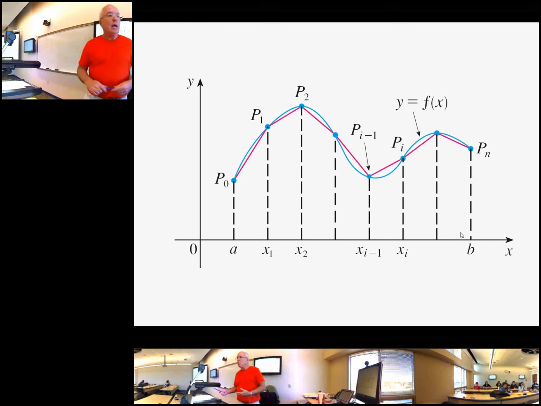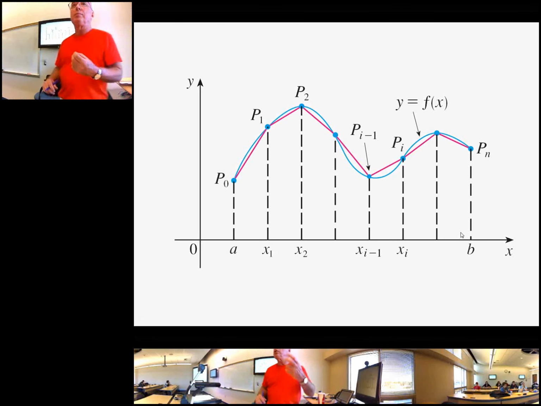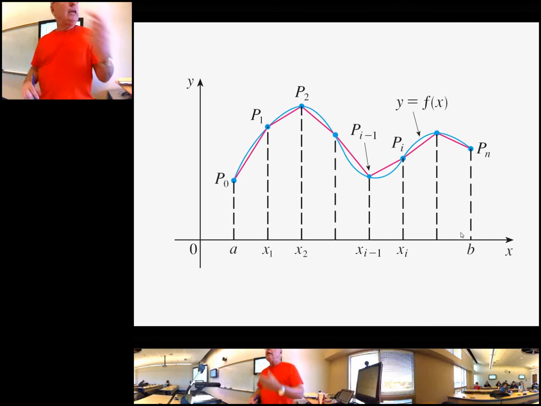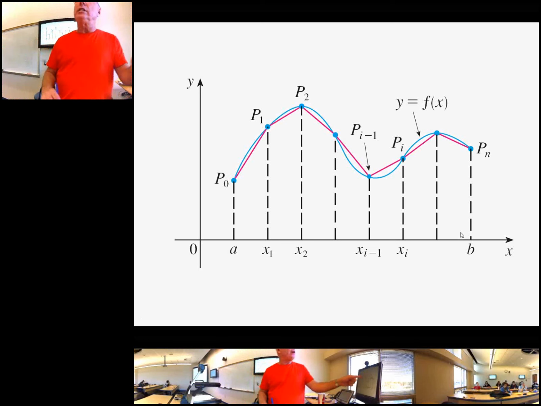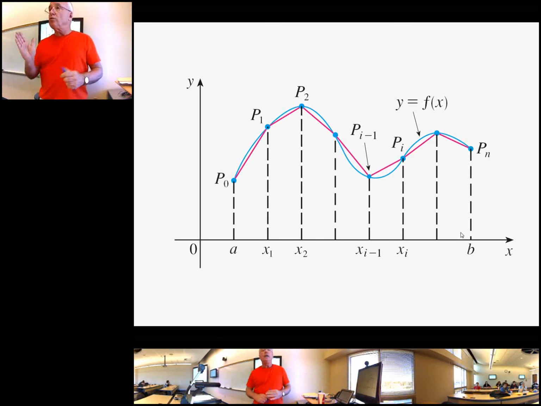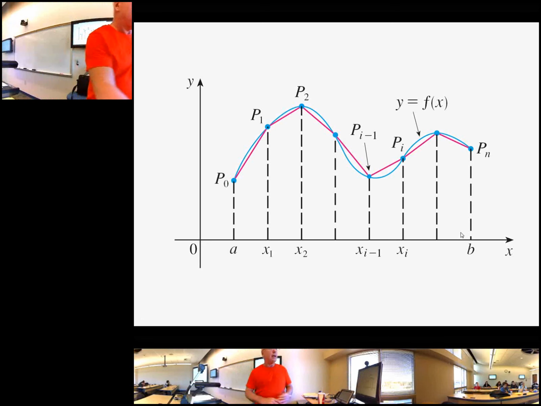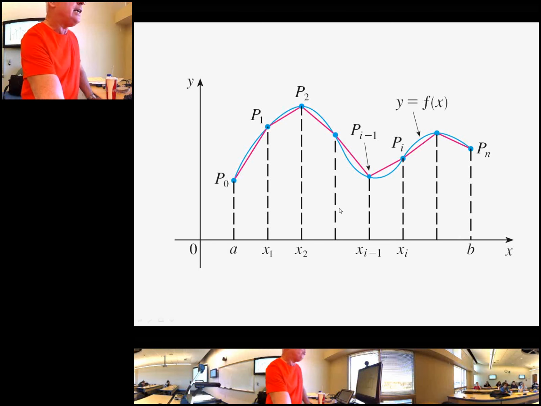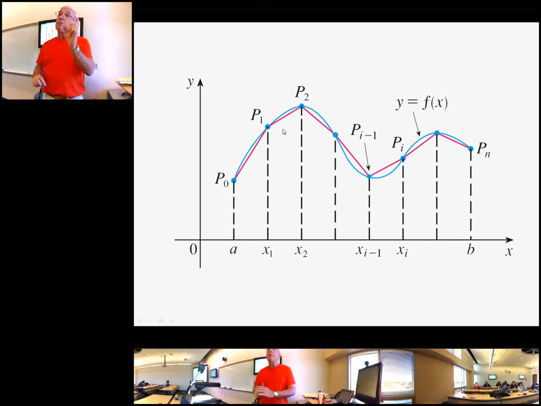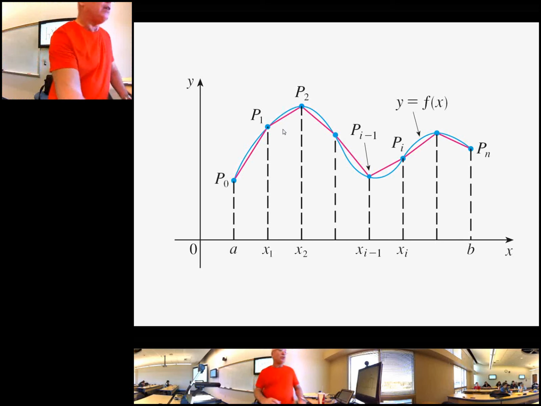We divide up this curve using equally distant points into straight lines that approximate the curve. Here we have several points along the x-axis, and we're connecting the points on the curve. So we've got a bunch of straight lines that are pretty close to the curve itself.